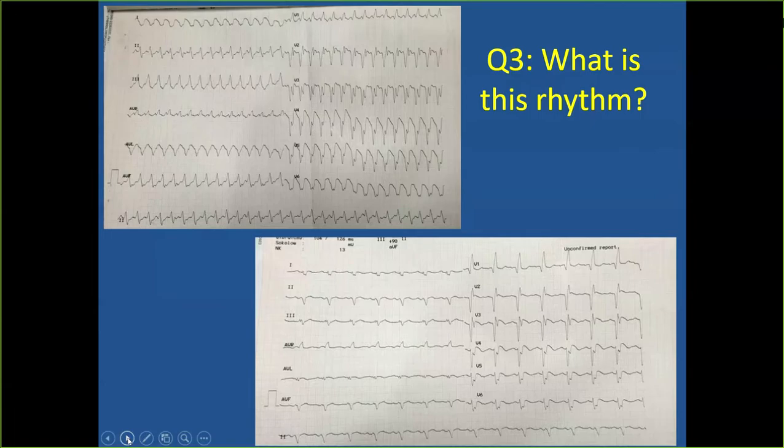SVT will not have AV dissociation. In lead 2, you can see the P waves coming out in some places, like I'm pointing out. So there is AV dissociation. Then, what is the other rule about axis that we taught?